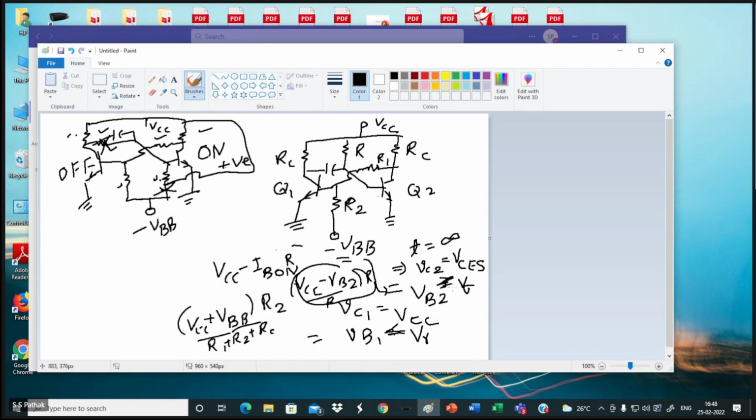So IB on, I had to take from the manufacturer's data how much current should be flowing through this to make it on state, but not in the deep saturation. So that way I have calculated what is the value of my R.